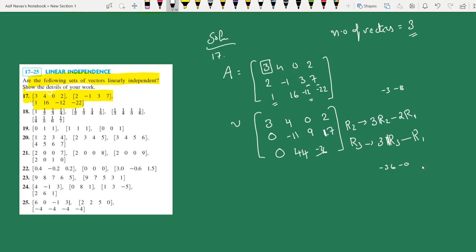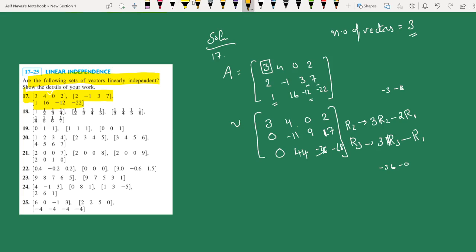Minus 3 into 22 is minus 66, minus 2, so minus 68. Correct.